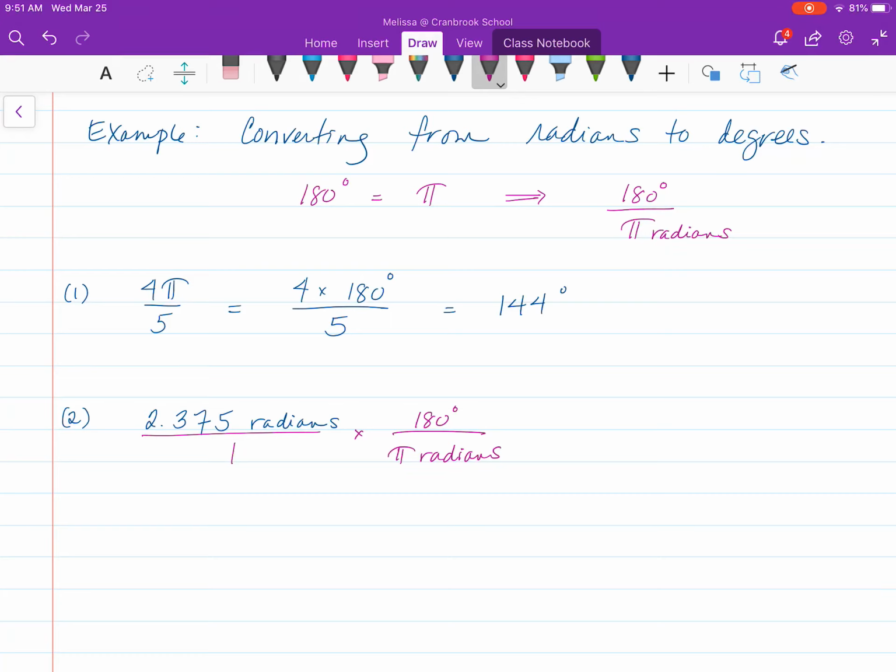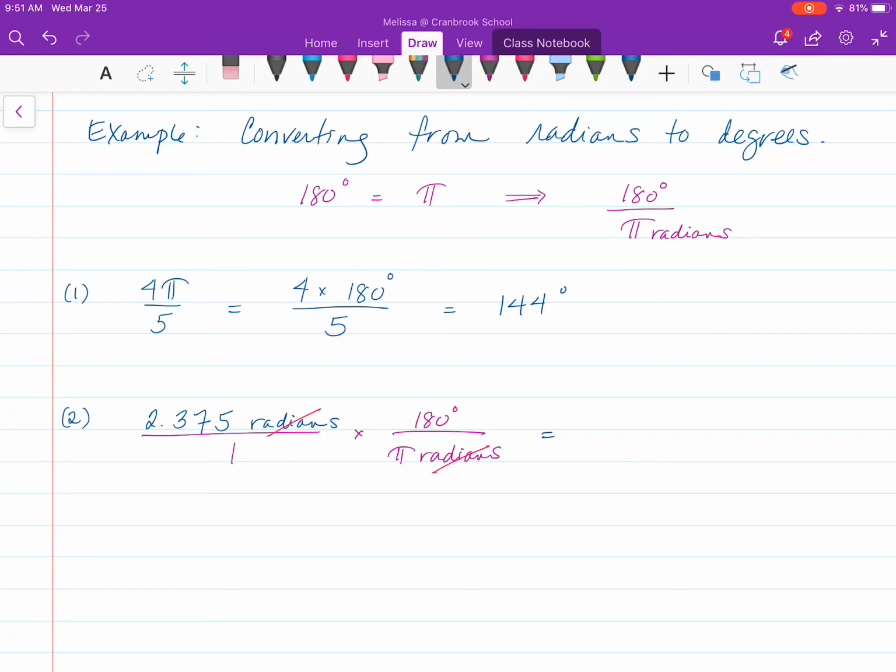And notice I explicitly included my units, radians and degrees, to show that, look, radians, as far as the units, cancel out.